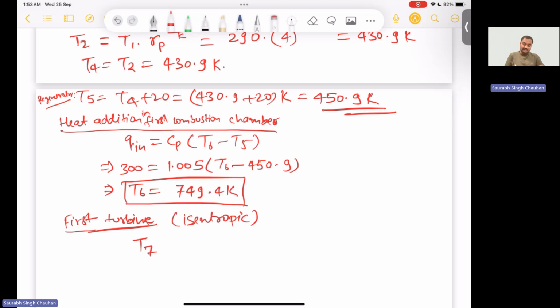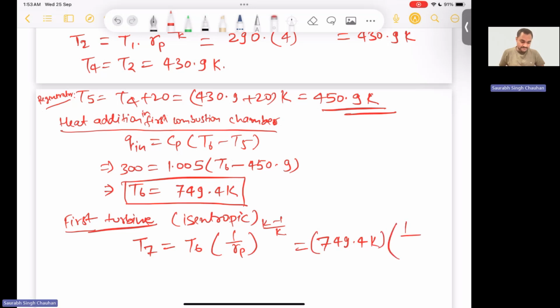So the temperature at the outlet of the first turbine can be written as T7 is equal to T6 into (1 by Rp) to the power (k minus 1) by k. This is just the adiabatic relation. If you substitute the values, T6 is 749.4 Kelvin and 1 by 4 to the power (1.4 minus 1) by 1.4.